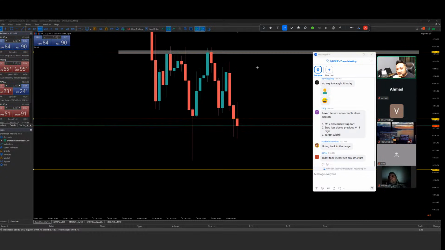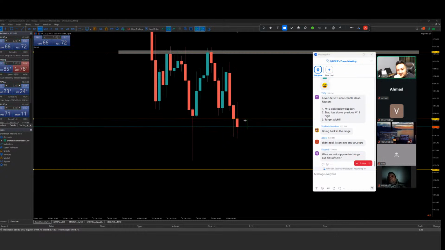I can't see any structure, but I saw something here. This candle should have no business breaking above the previous candle high, which doesn't have an upper wick. You know what the best scenario would be? If the candle creates a wick, breaks and closes above this area, then I should give my trade a chance. That would be a more perfect idea.